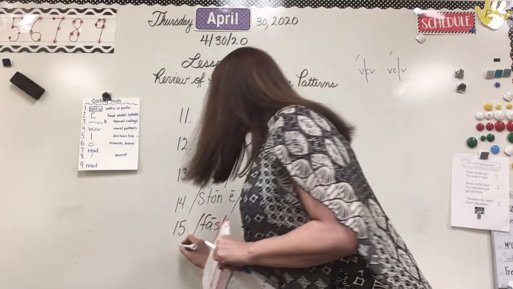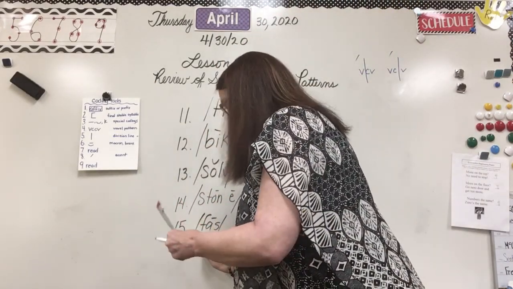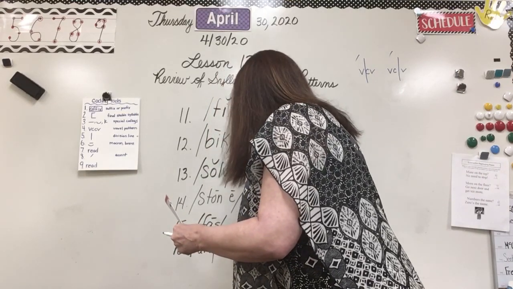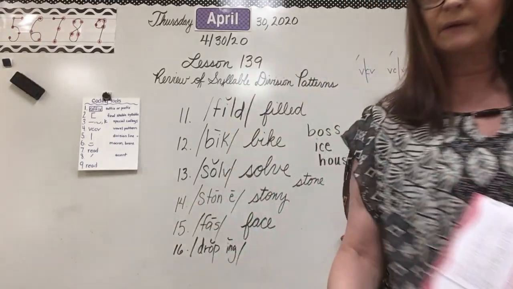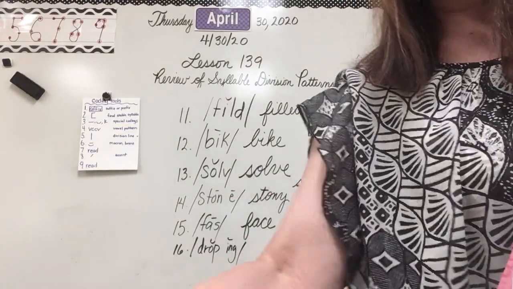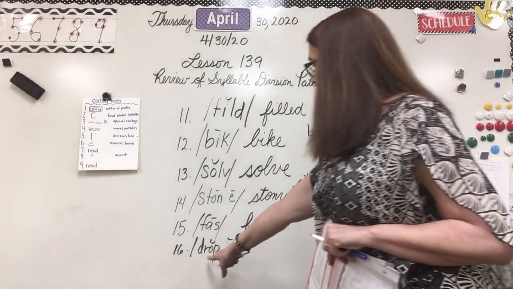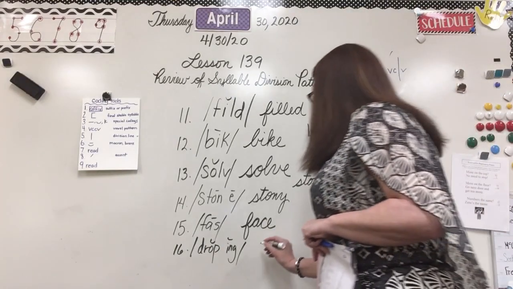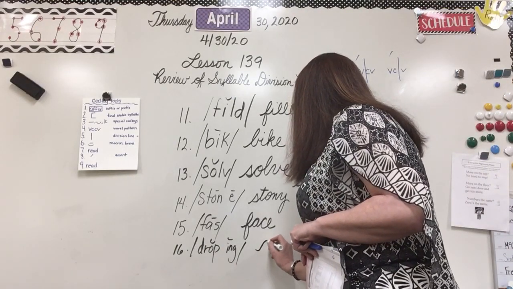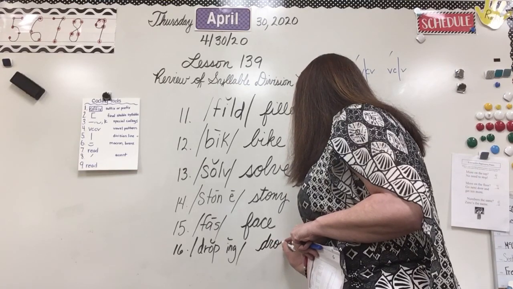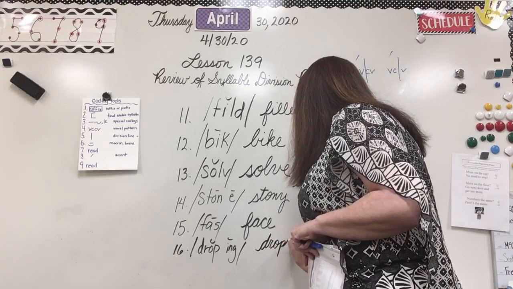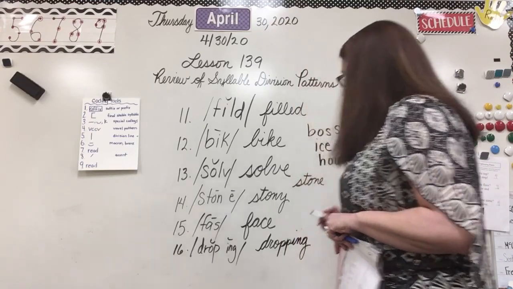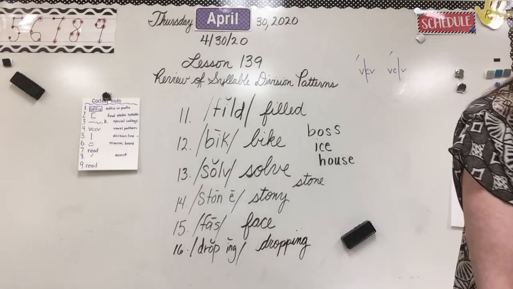And then finally, the last one is this one. Micah. How do you say it first? Dropping. What do we do, Micah? You're exactly right. We have to double that P because we have a vowel and a consonant and we're adding a vowel suffix. So we double that P. Very nice job, boys and girls.